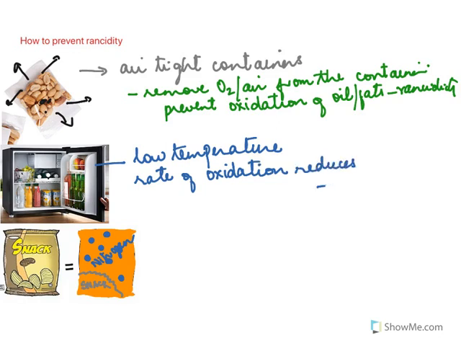This reduces rancidity. And here's a third way. Have you seen that our snack packets are filled with one gas? See the snack packet I've shown here. It's a big snack packet, but the snack is only in so much. The rest of it is all filled with a gas, and that gas is nitrogen.